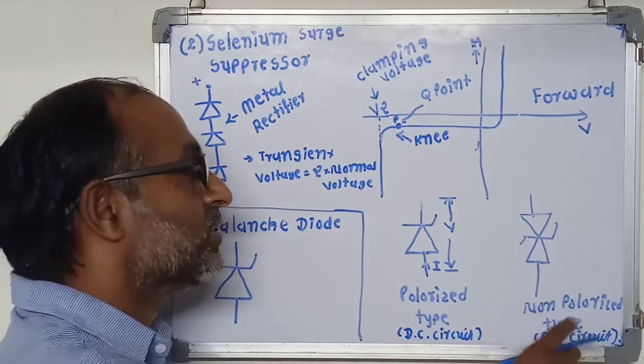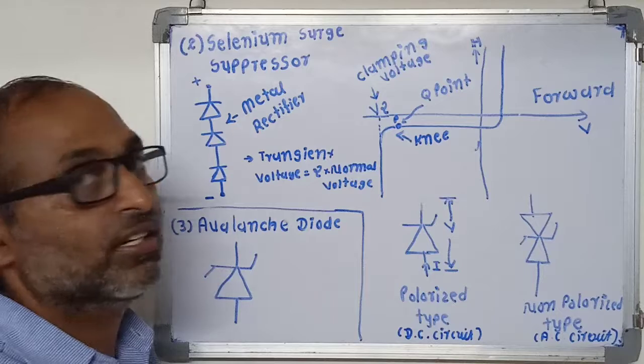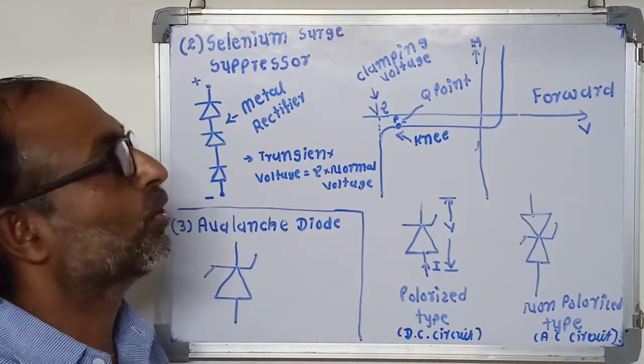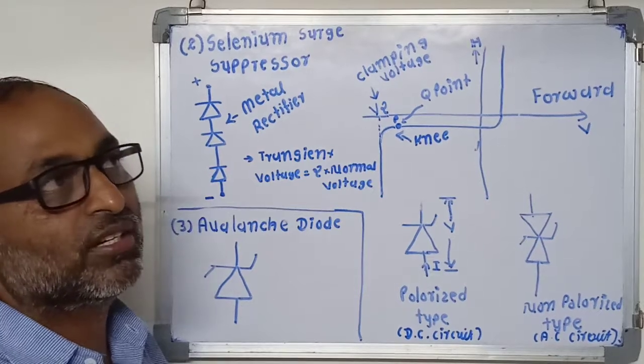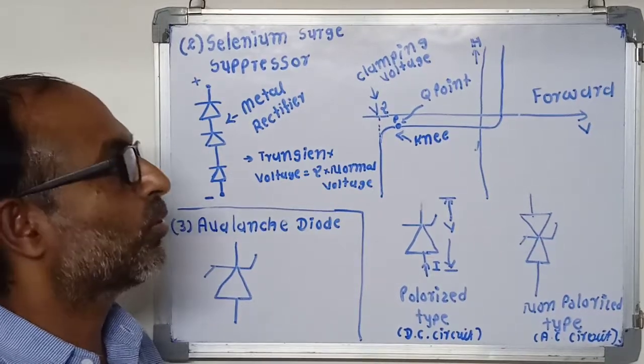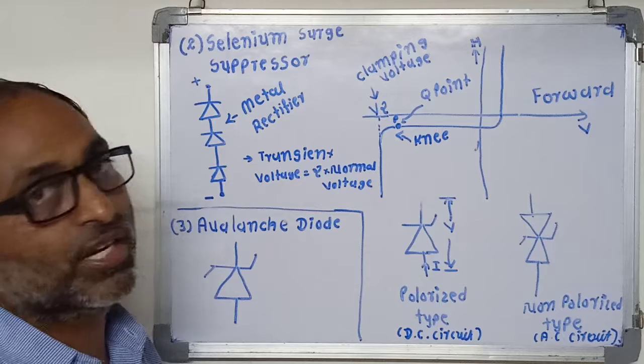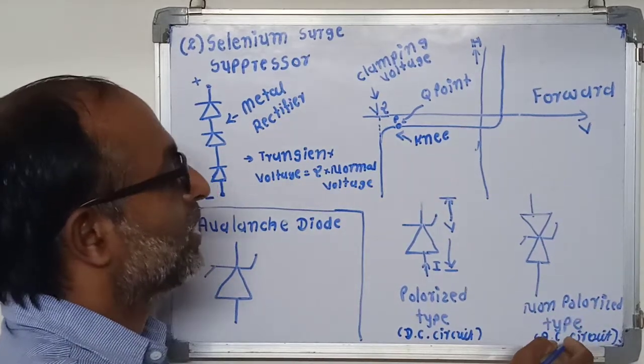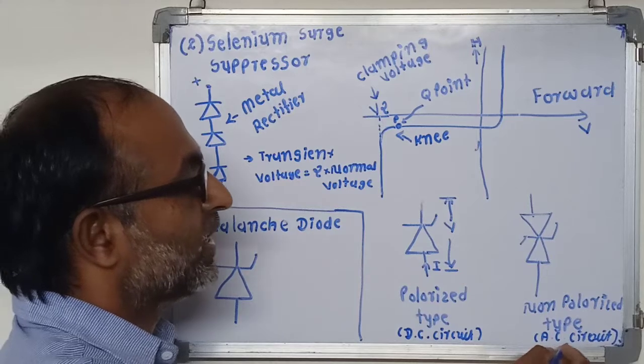In the non-polarized type surge suppressor, the plates are kept in both directions, so it provides over voltage protection in both directions. For that, the non-polarized type suppressor is used for AC circuits.